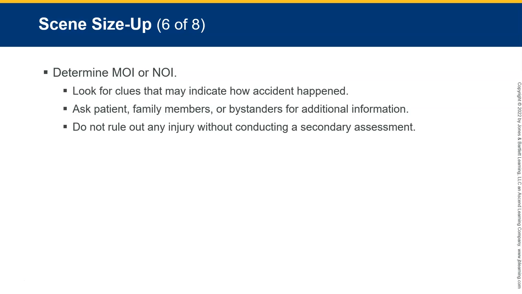So you want to look for clues that can indicate how the accident happened. If you can determine the mechanism of injury or the nature of illness, you can sometimes predict the patient's injury. So sometimes when you see someone got hit from the rear end, and it wasn't a whole lot of damage, to where you're worried about people being broken, you're pretty safe to assume there's probably going to be some neck pain. People are probably going to have maybe an airbag burn or some seatbelt marks on them and that kind of stuff.